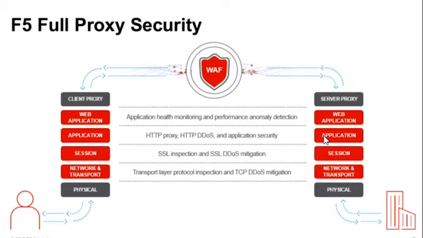And we generally focus on layer 4 to layer 7 security from an F5 perspective. So this is also about making sure that the SSL inspection is happening, that we're not allowing encrypted attacks to come into the environment, and that we don't have SSL denial of service attacks. And then, of course, application monitoring of the health to make sure that the application stays up.